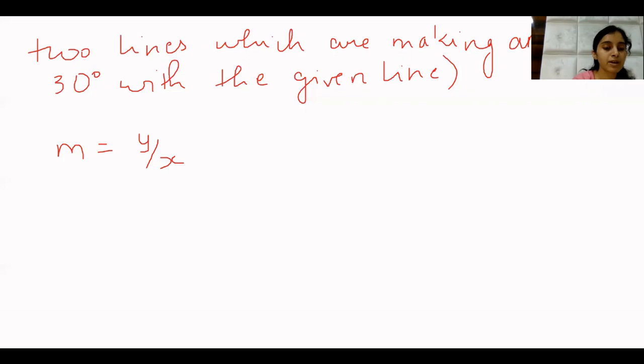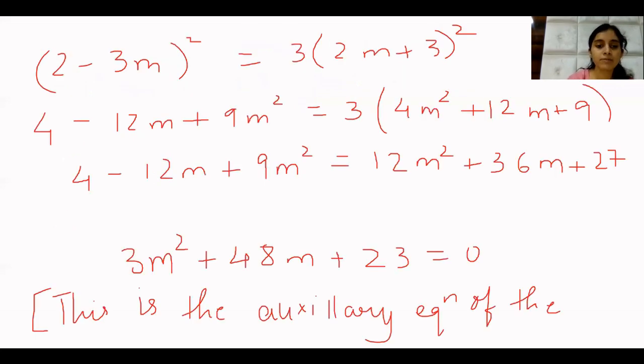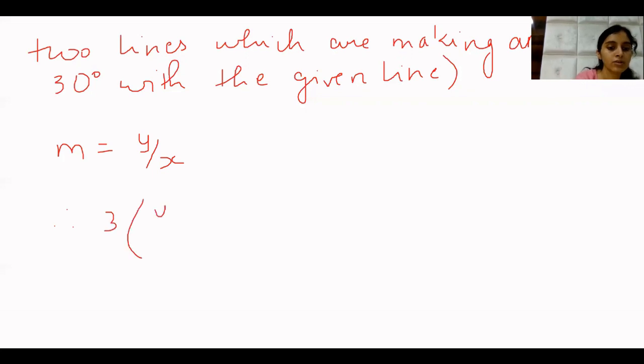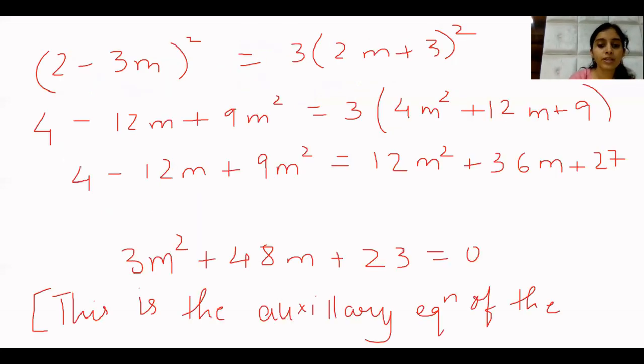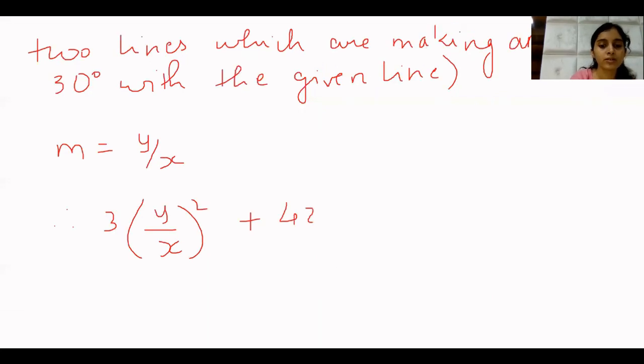So here we'll put m as y by x, and therefore our equation will become 3 into y by x the whole square, plus 48 into y by x, plus 23 equal to 0.